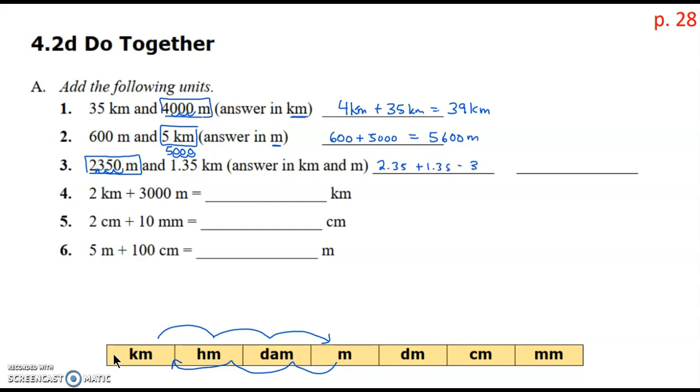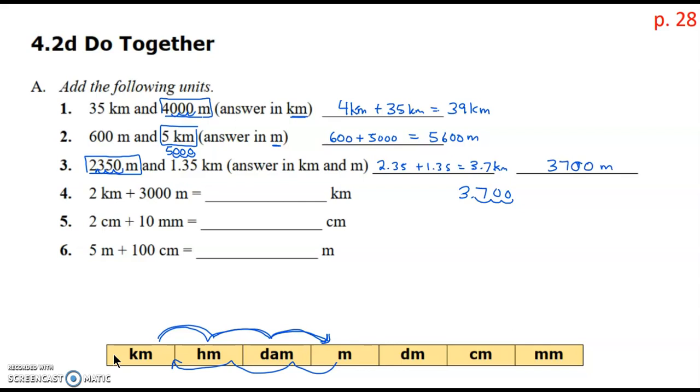That's going to give me 3.7 kilometers. Once I have that, I can convert the 3.7 kilometers into meters. 3.7 kilometers means that I'm going to be going 1, 2, 3 places to the right, so I'm going to be moving and adding 2 zeros, 3,700 meters.